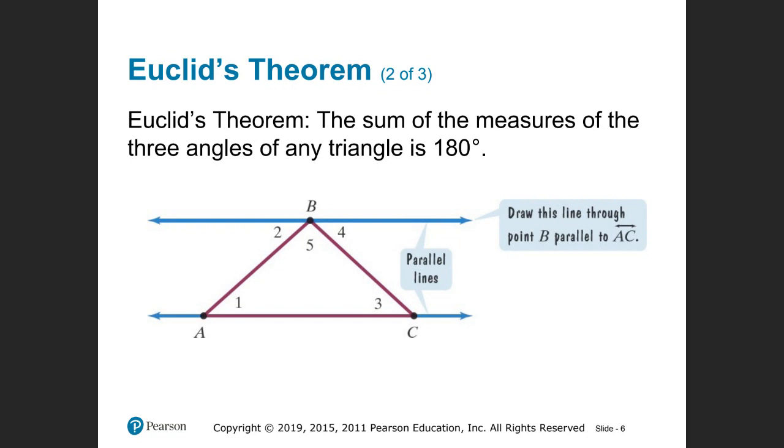We've got our two parallel lines and a triangle ABC, and you can see that we have labeled the different angles. We want to show that the sum of the measures of the three angles of any triangle, 1, 3, and 5, is 180 degrees.